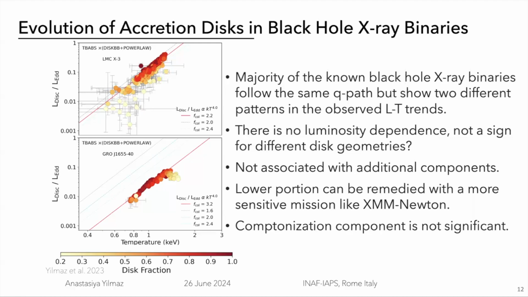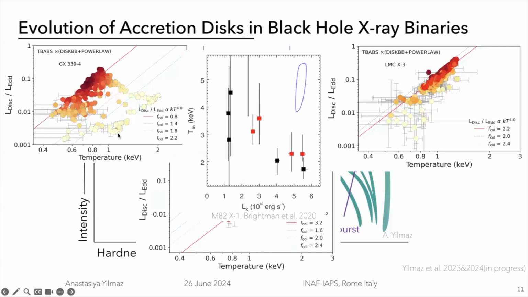I also tested whether they can change the measurement of the black hole spin, which in that case was very statistically significant, with nice confidence levels. And the most important part happened with the lower end in GX 339-4, in which I was able to find some simultaneous XMM-Newton observations, and when I combined both of them, the temperature values were able to recover to the lower end of this distribution here.